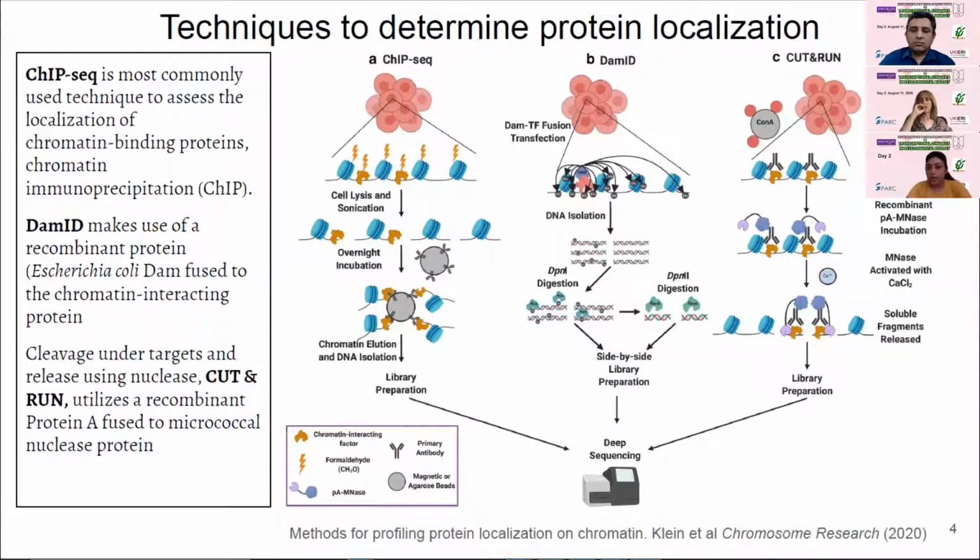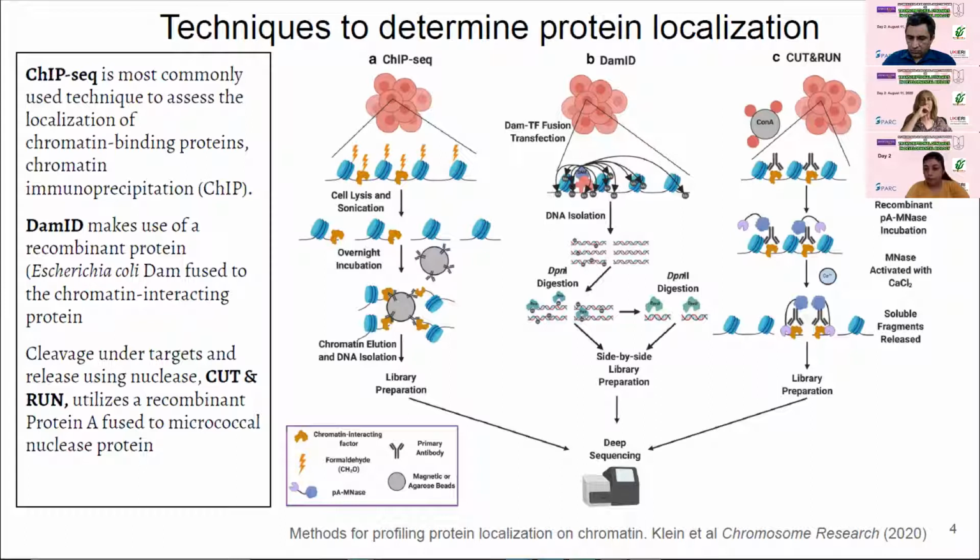So the second one is DAM-ID. In this, DAM is DNA adenine methyltransferase. So this is an enzyme. This enzyme is fused to the transcription factor of your interest, and this is transfected to the cells. Wherever this transcription factor will bind, the DAM will methylate the adenines in that DNA fragment.